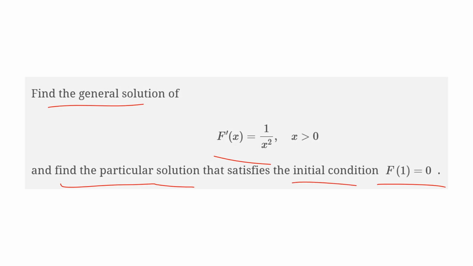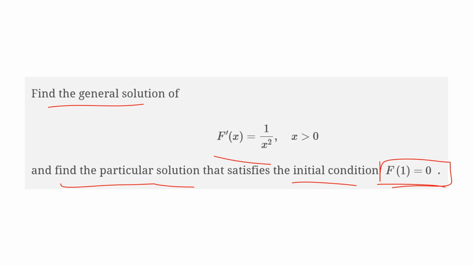What they mean by the particular solution is that they want us to find the c, which is the constant that we were omitting before. Because when you give c a value, you are finding one solution of the many solutions of antiderivatives. And in this case, they want us to find one of them using this initial condition here.